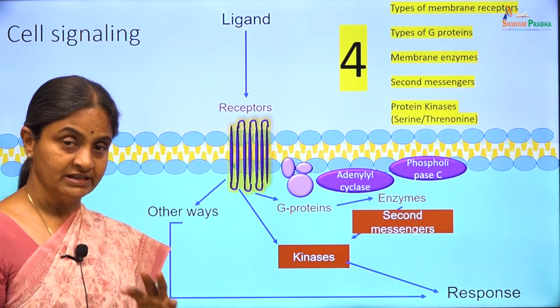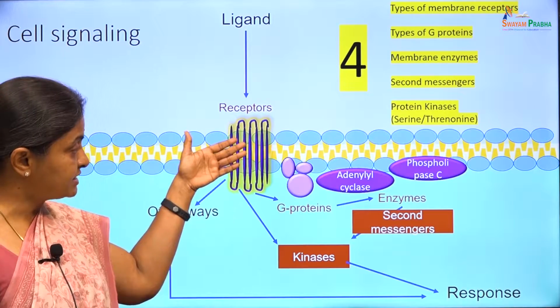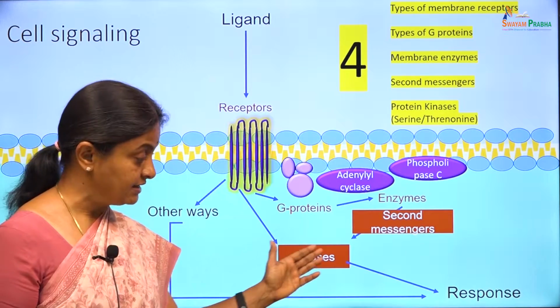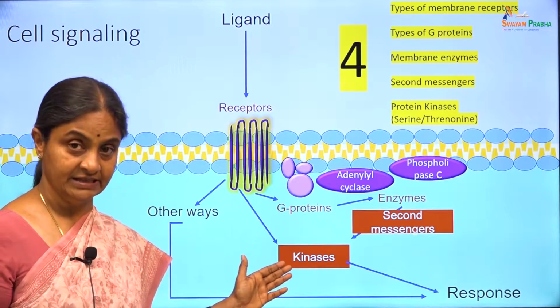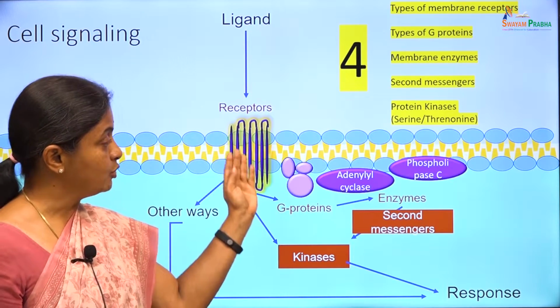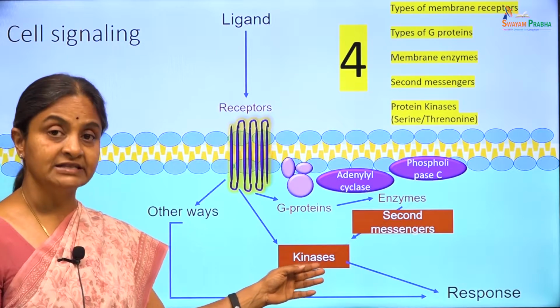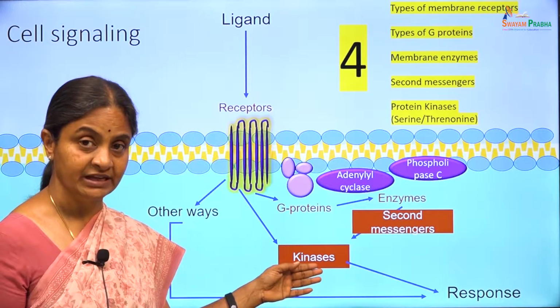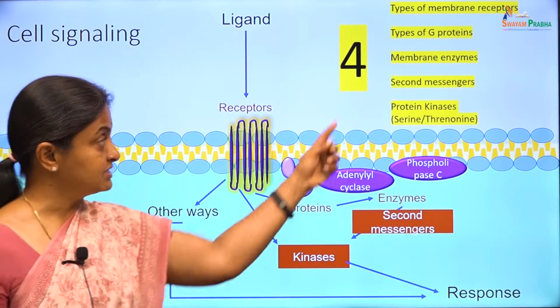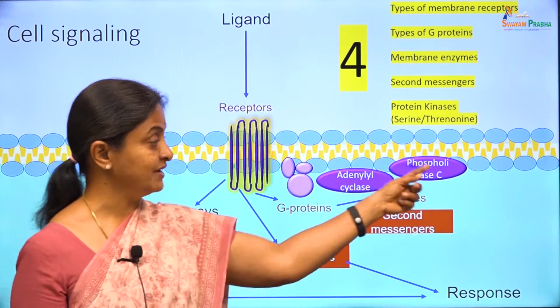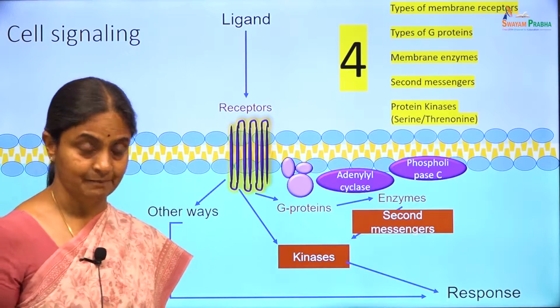A general rule is that when the ligand receptor combination activates a kinase directly, the kinase is usually a tyrosine kinase. But when it goes through a G protein coupled mechanism, the kinases activated are serine threonine kinases. So we will see 4 types of serine threonine kinases that are activated by this scheme.